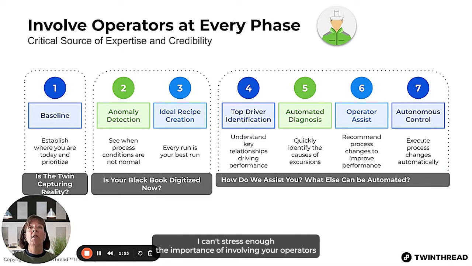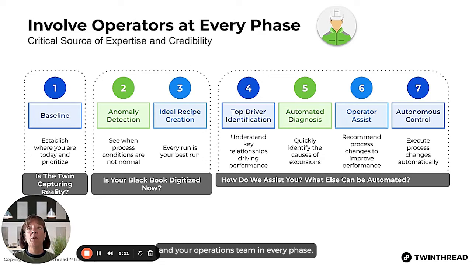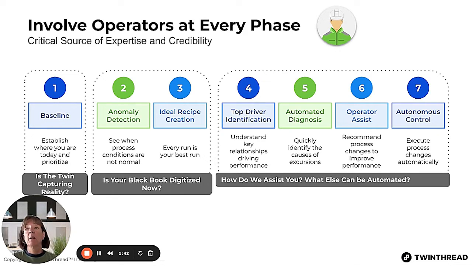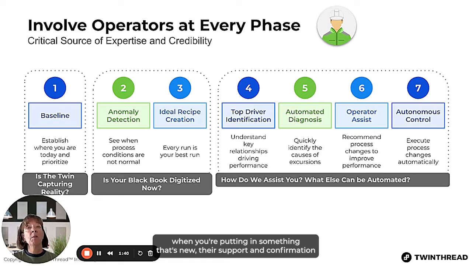I can't stress enough the importance of involving your operators and your operations team at every phase. They are a critical source of expertise and credibility at every stage of your industrial AI project. At the beginning, when you're putting in something that's new, their support and confirmation that the digital twin process is capturing reality is crucial.